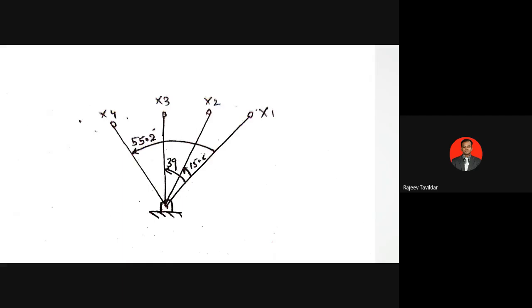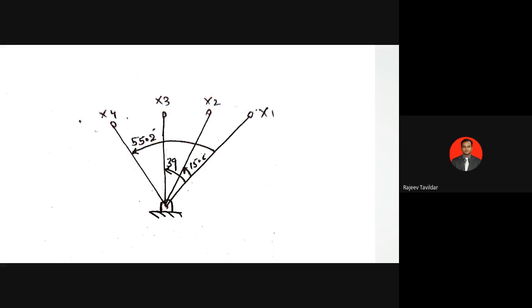See here, the first angle 15.6, I have shown between x1 and x2. The second angle 39 degrees, I have shown between x3 and x1. And the third angle 55 degrees, I have shown between x4 and x1.